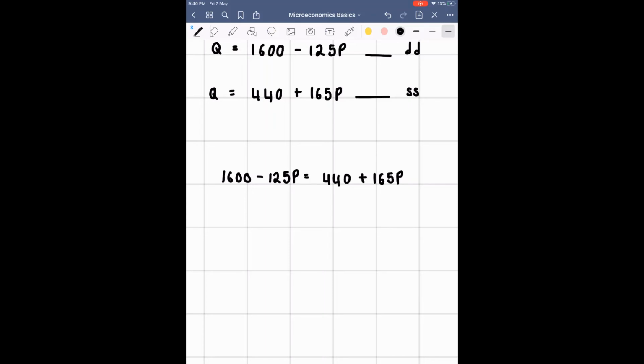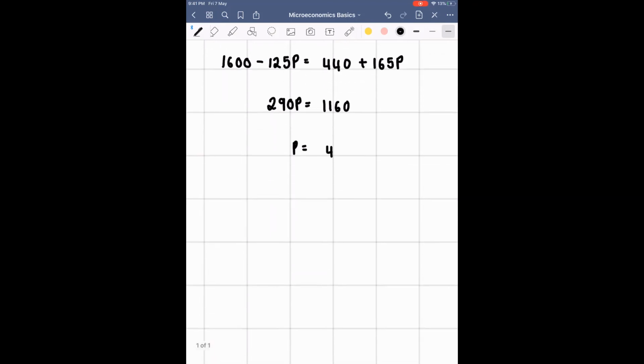I'm going to get 290p equal to 1160. And we're going to solve for P by dividing this by 290 to get 4.